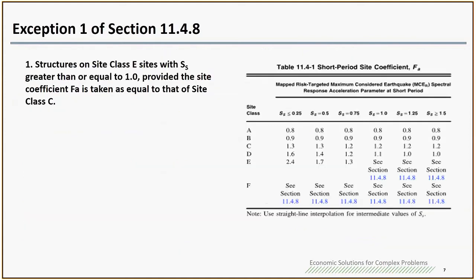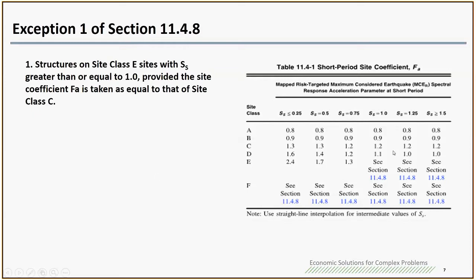So first, let's talk about exception 1. It says for structures on site class E with Ss greater than or equal to 1.0, provided the site coefficient Fa is taken as equal to that of site class C. In other words, if your project is in a high seismic area, you're supposed to do the site-specific response analysis to determine the Fa. If you don't want to do that, the code allows you to use 1.2.